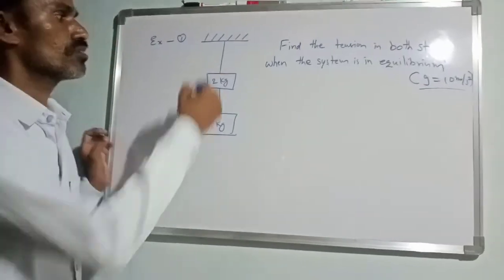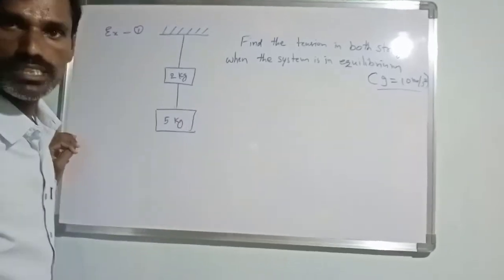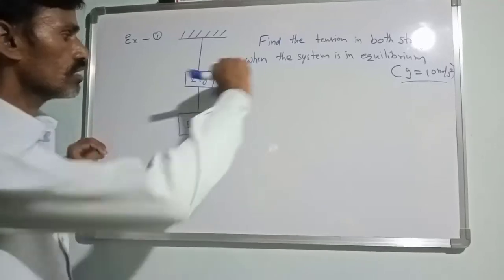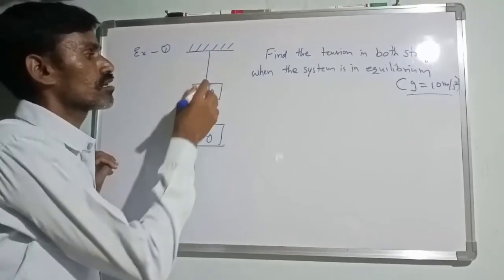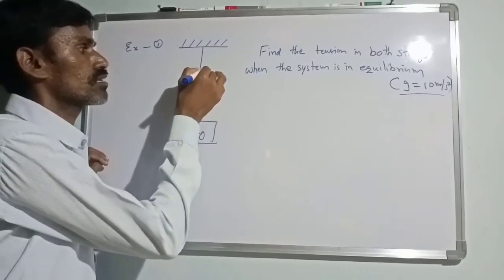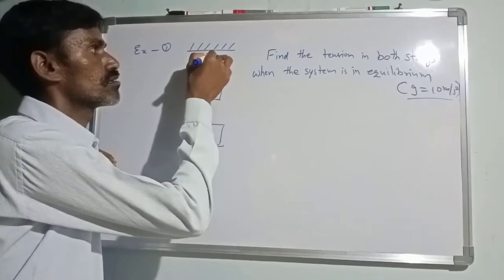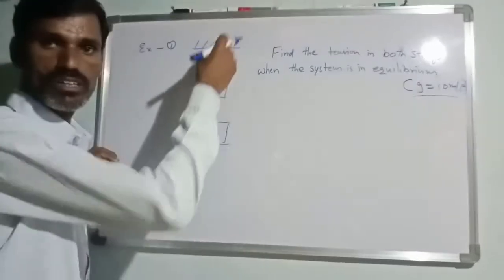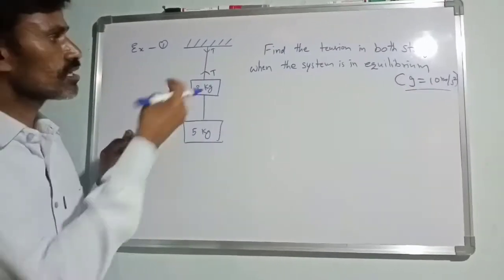Okay, so in this case, now we draw the free body diagram for the 2 kg mass and the free body diagram for the 5 kg mass. Suppose the tension is T in this string. Whenever the string is changed, the tension also changes.